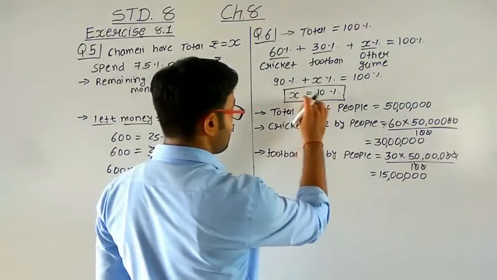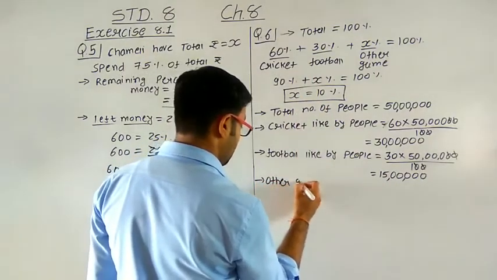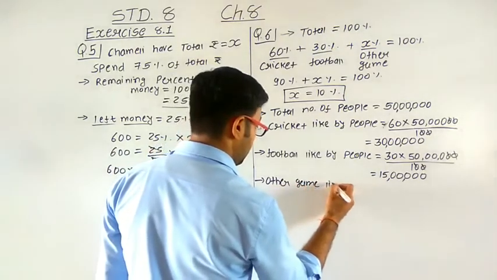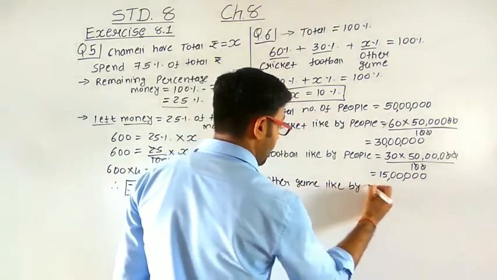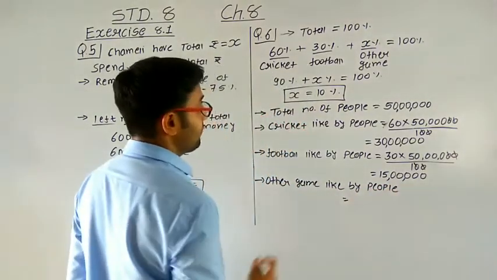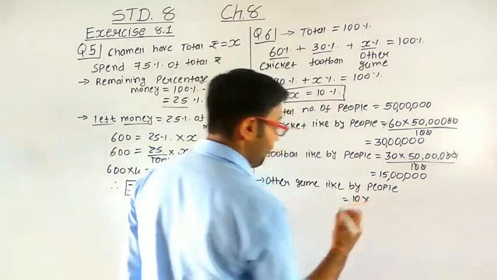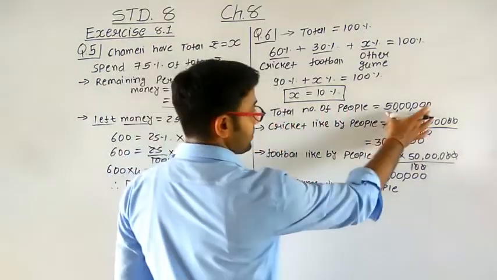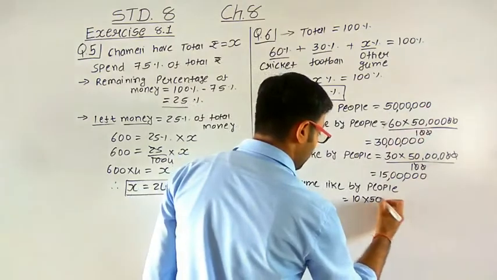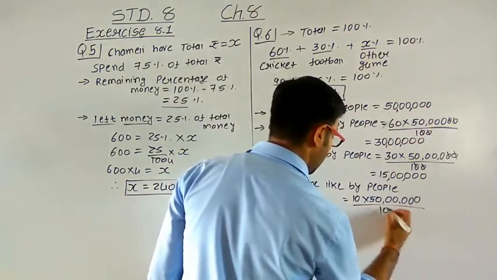Now the other games. Other games liked by people is equal to, what is the percentage of the other games? That is 10. 10% of what number? 10% of the 50 lakh, that is 10 into 50 lakh upon 100.